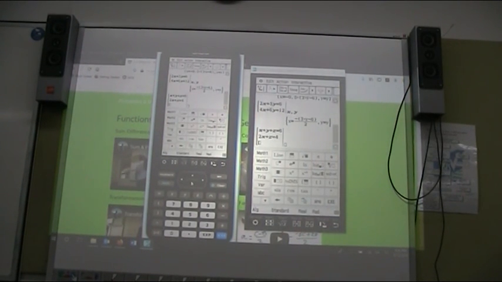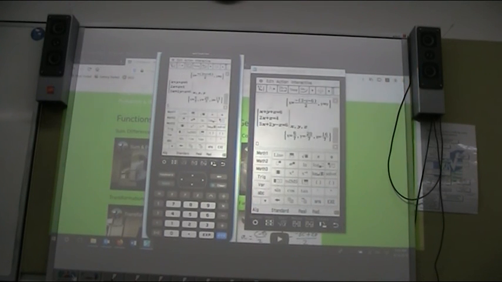The one underneath, 3x plus 2y minus z equals 6. And we want to solve for all. And then we go EXE. And then there's our solutions, 6/7, 20/7, and 16/7.